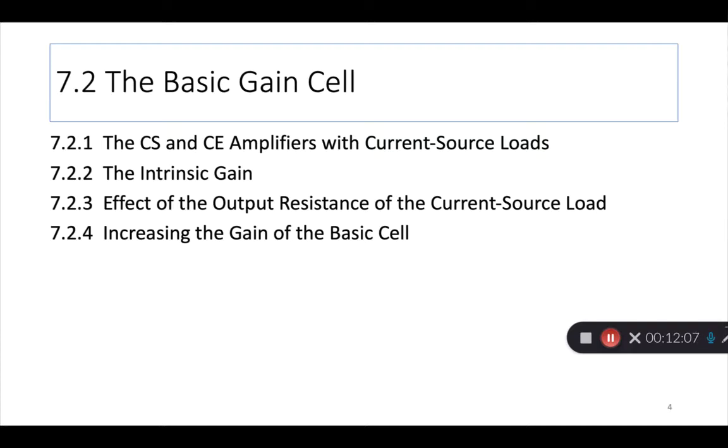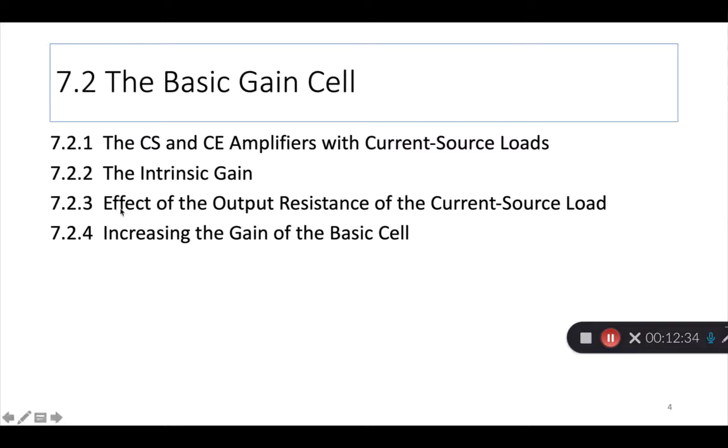Now we'll move on to the next topic, which is 7.2, and spend the rest of this class on this. And also problems, in my next recording, they're all on 7.2. There's very little, nothing on 7.1. All right, so 7.2 is the basic gain cell.